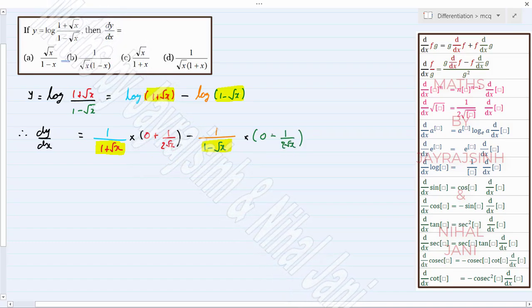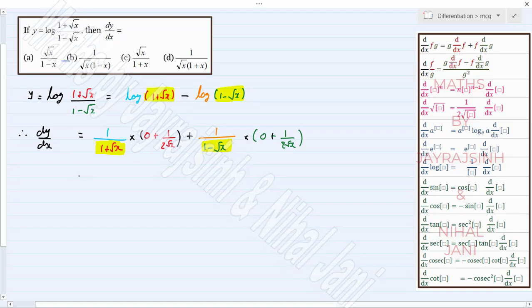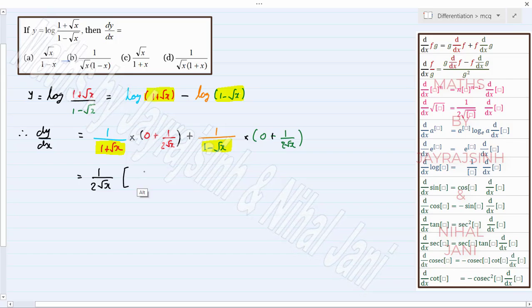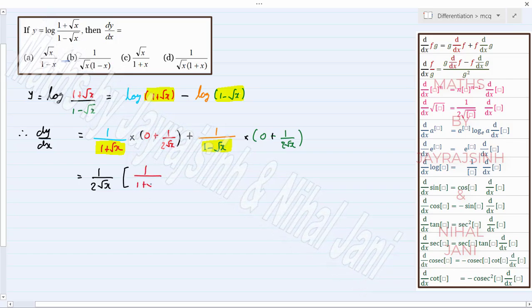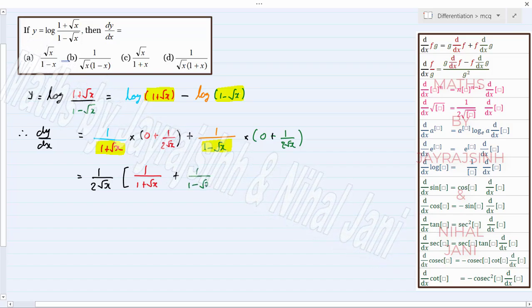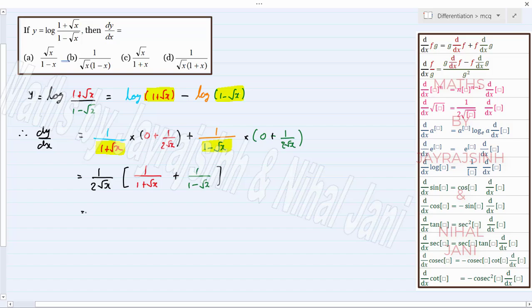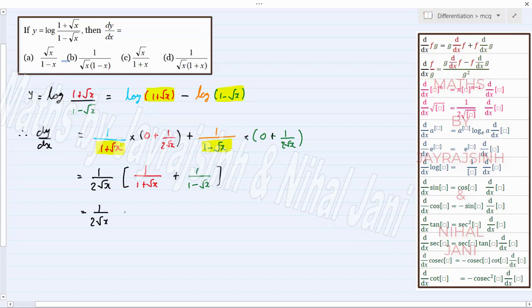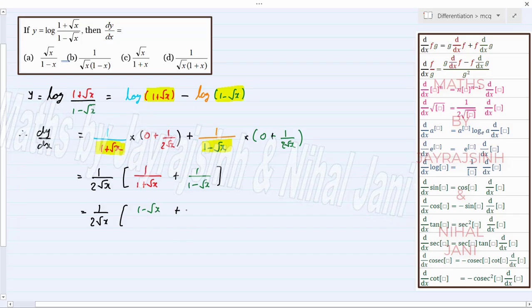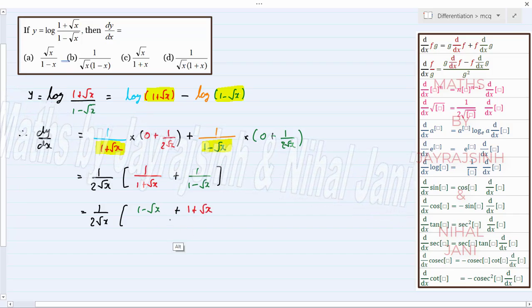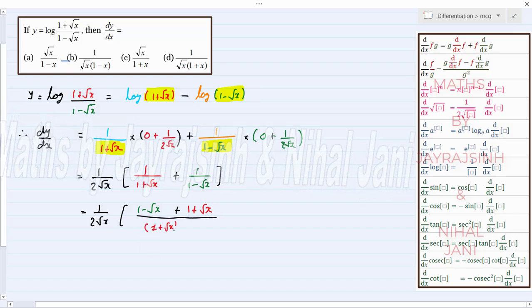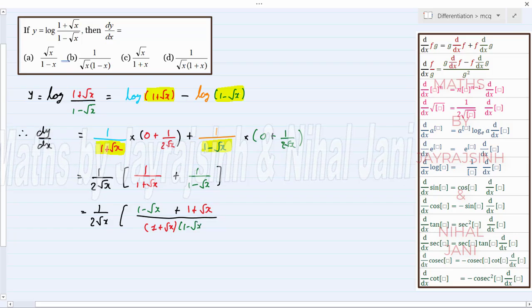In further simplification, we can say this minus minus becomes plus, and we can take 1 upon 2 root x common. So we will get 1 upon 1 plus root x plus 1 upon 1 minus root x. So let's take the LCM. We will get 1 minus root x plus 1 plus root x upon 1 plus root x into 1 minus root x.